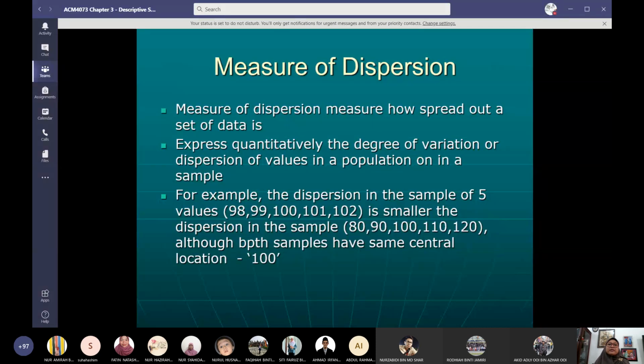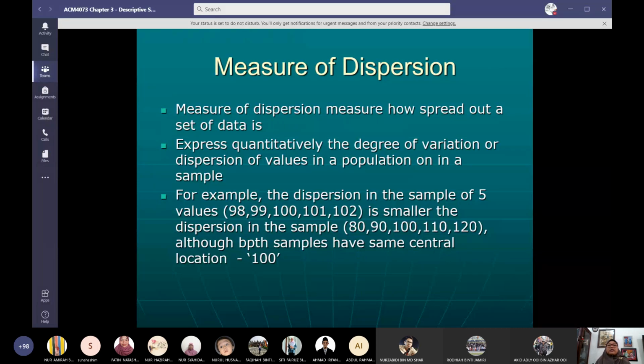So it expresses quantitatively the degree of variation. Remember when I asked you to collect 10 respondents from each member, because we want to create variation. We want to create diversity in your data. So when we use a measure of dispersion, we look at how spread out, how big your population is, how big your data is.